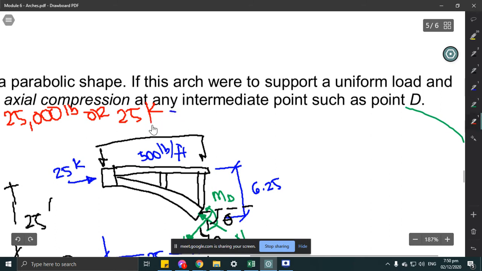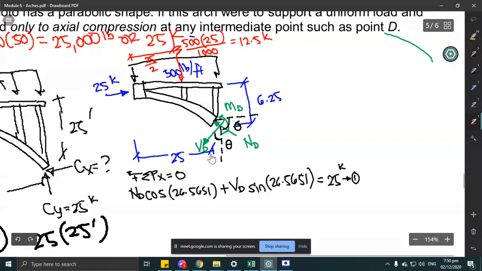So 500 multiply by, so ano nga yung span natin na to? 25. And then i-divide na natin ng 1,000 para ang sagot niya dito is kips. So ilan to? So 12.5 kips. And then yung distance niya patungo dito, so that is 25 over 2. Pero hindi naman pala natin kailangan.